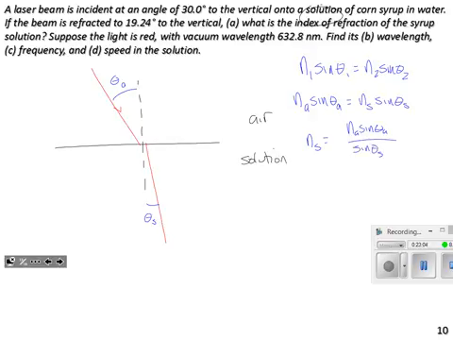Notice we're working in degrees. I bet you get something like 1.3. That's my guess. So n air, just use 1. So sine of 30 divided by sine 19.24. Well, 1.52 perhaps. 1.52 for the solution.